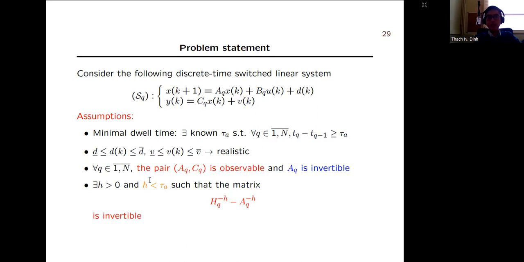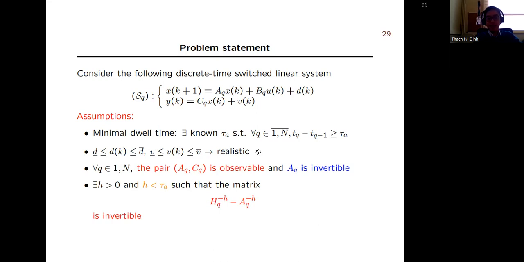So that means we can reach the exact estimate before the next switching. So switching here is also a motivation. It does not affect the design a lot.